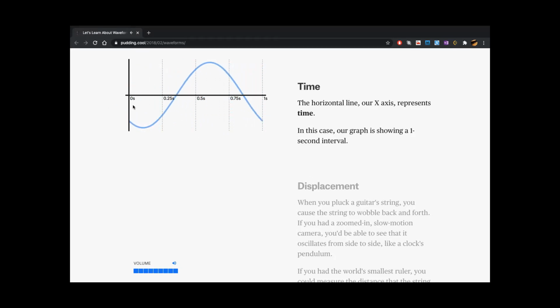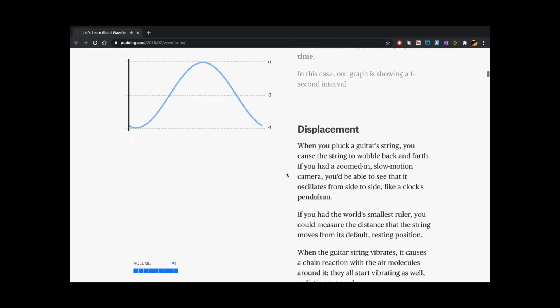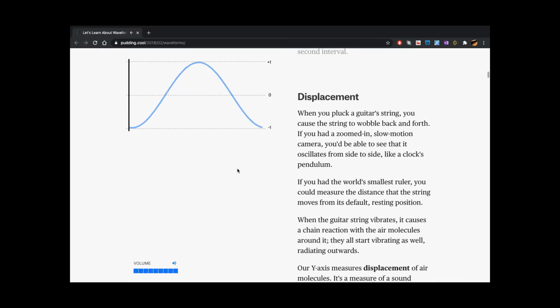So you can see on the x-axis, time 0 seconds to 1 second is there. Now let's look at the y-axis. The y-axis is the displacement. Displacement of what? Let's say it is a string, you pluck a string and it goes back and forth. Those oscillations could be the displacement from the mean position.